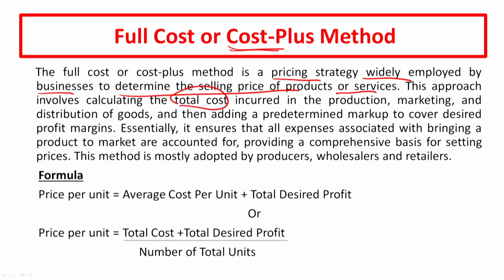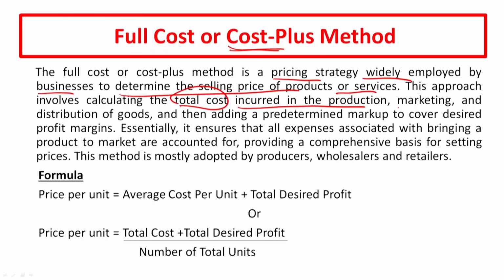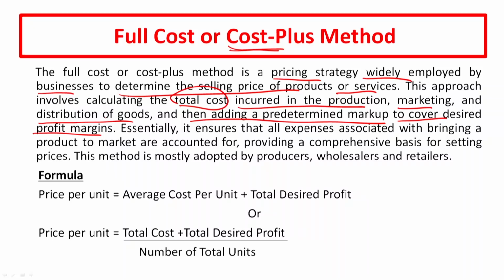First of all, we will be estimating the total cost involved in the production, marketing and distribution of goods, and then adding a predetermined markup to cover desired profit margins, which means first we add all the cost involved in the production, and in the second aspect we cover the desired profit margin of that specific firm.